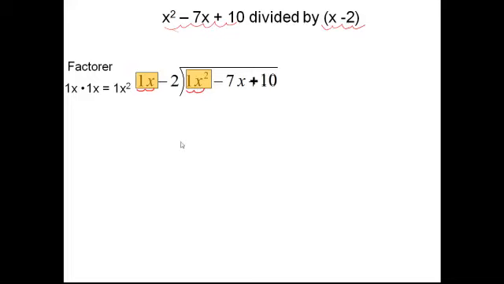Okay, you could also, if you wanted to, write 1x times question mark is equal to 1x squared. You could divide both sides by 1x. What you're going to see is those cancel each other out, and your question mark, your unknown, is going to become just 1x. Okay, so that's what we just found there. Okay, so I'm going to go back just because this is so very important.